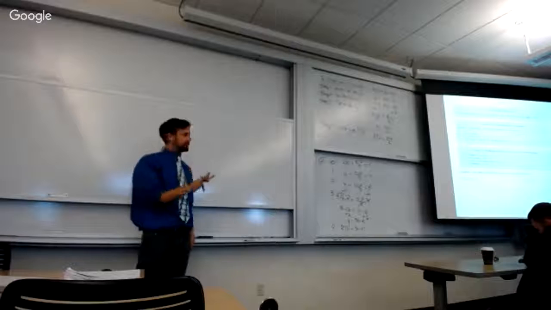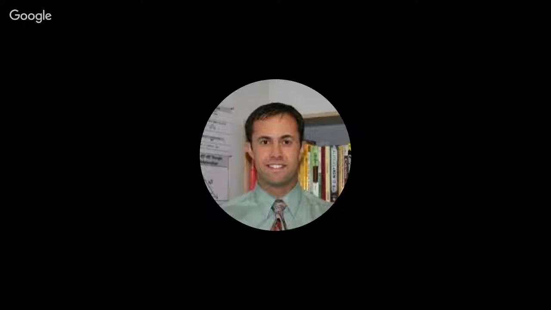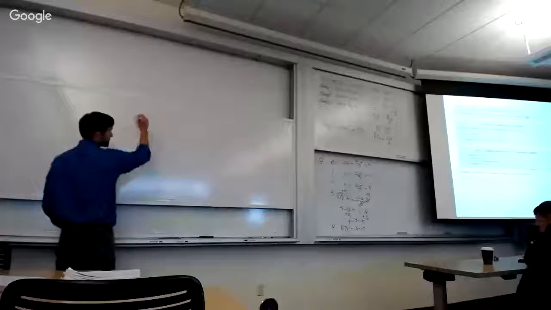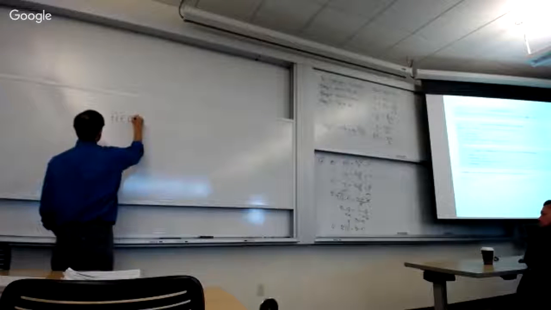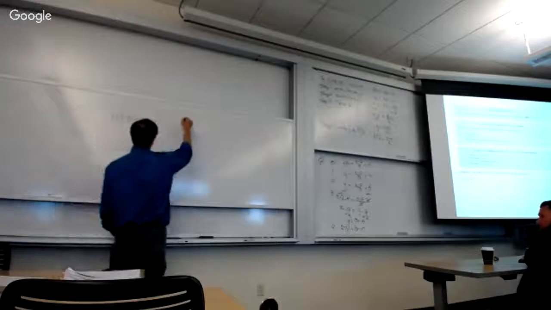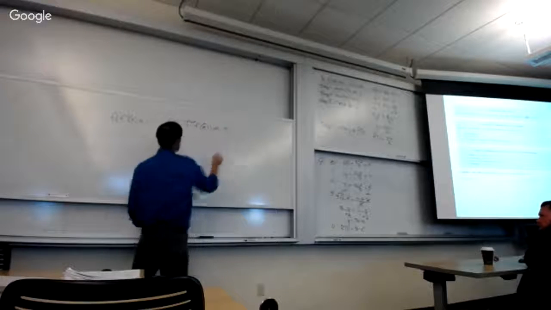Okay, there's one more thing that I want to tell you. How do we know? If you have two functions and they're genuinely inverses, then f of f inverse should equal x, and f inverse of f should also equal x.